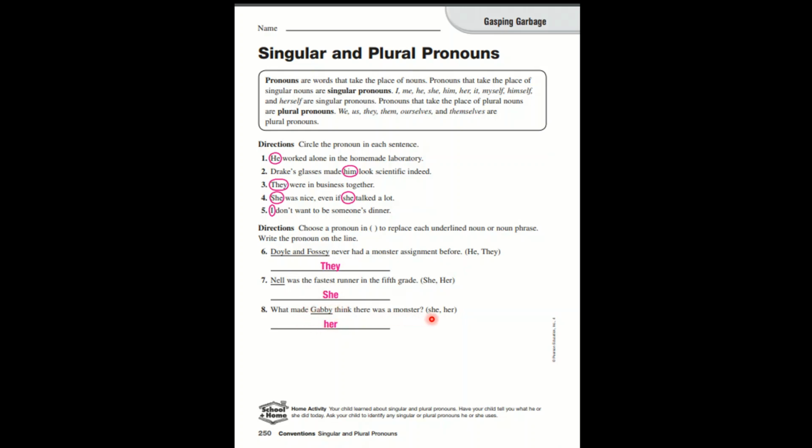So what is the best pronoun to replace the noun Gabby? She or her? What made she think there was a monster? Or what made her think there was a monster? In this case, the word her is the best choice that we would have. Why? Because it substitutes the noun better.